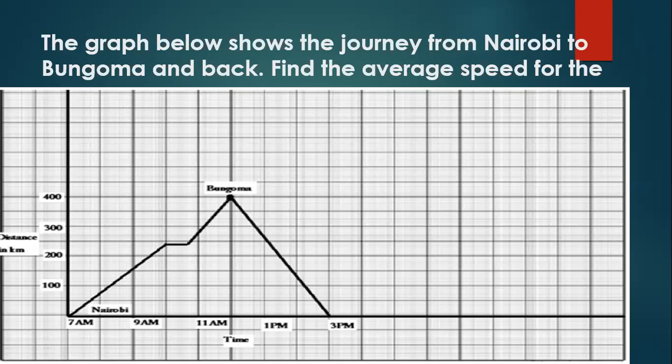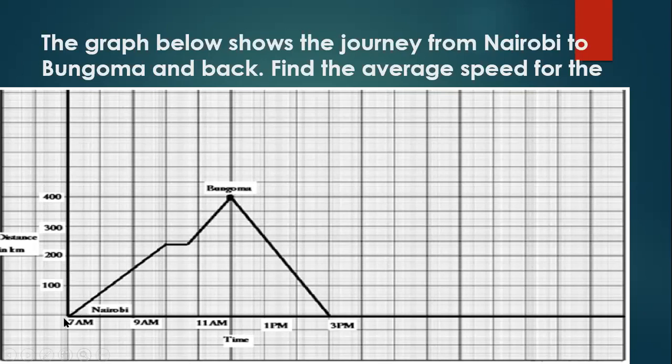So the total distance traveled is 800 kilometers and not 400. Why? Because you travel from Nairobi to Bungoma and back. So we have finished with our distance from the vertical axis, or the y-axis, giving us the distance in kilometers. The total distance traveled is 400 kilometers plus 400 kilometers, which is 800 kilometers.